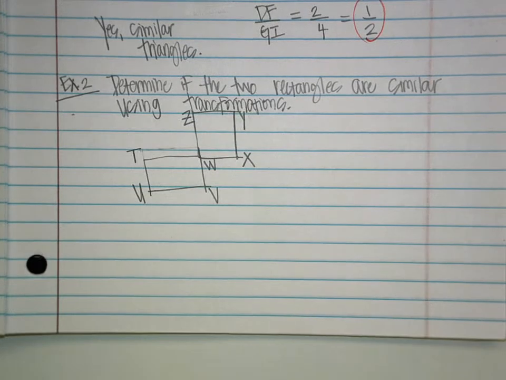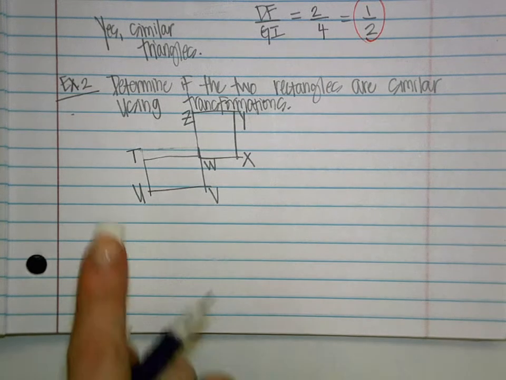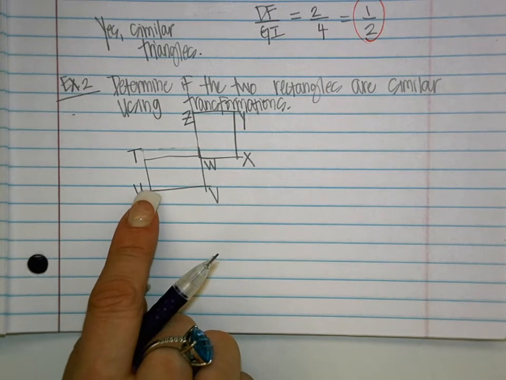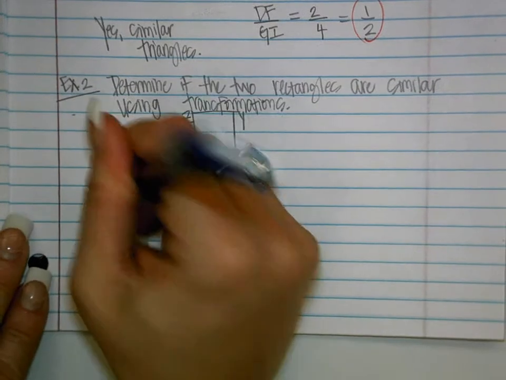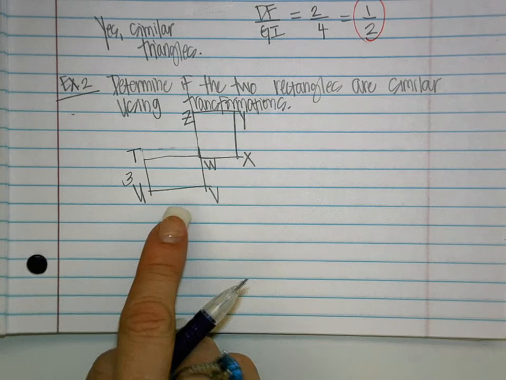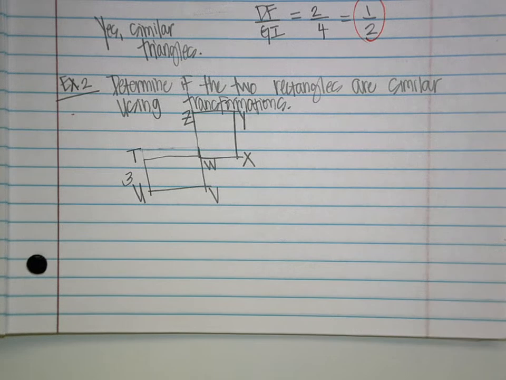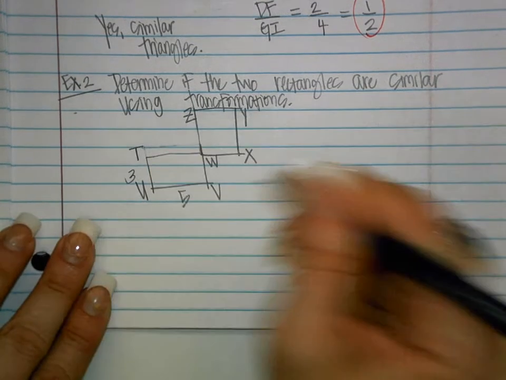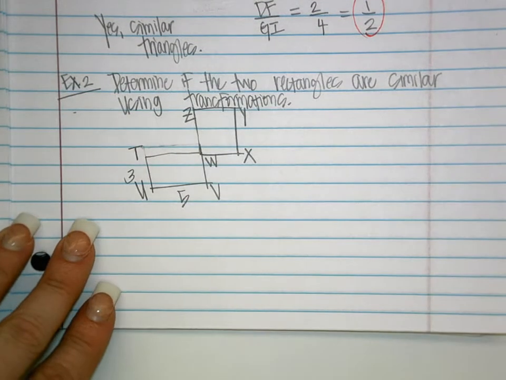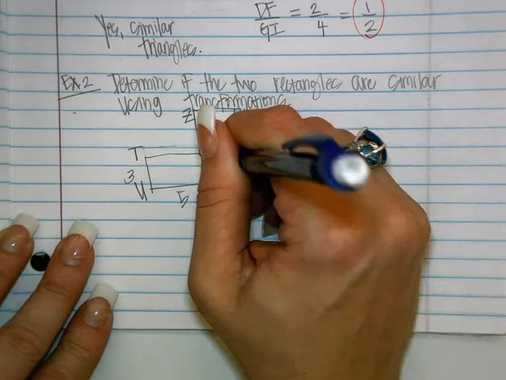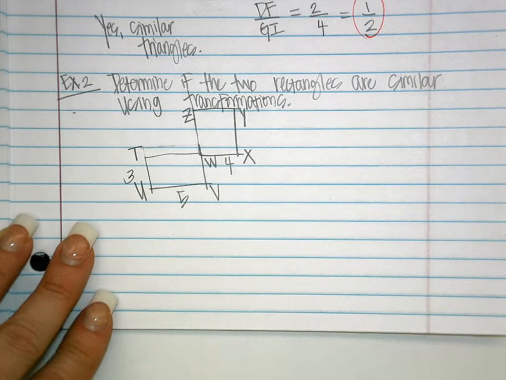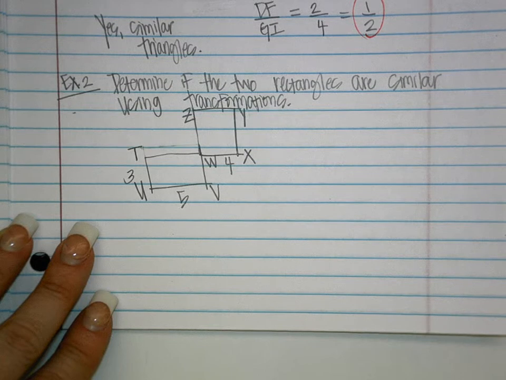So we want to figure out, are these two rectangles similar using transformations? Okay, and I'm going to tell you that the side TU is 3, UV is 5, WX is 4, and XY is 7.